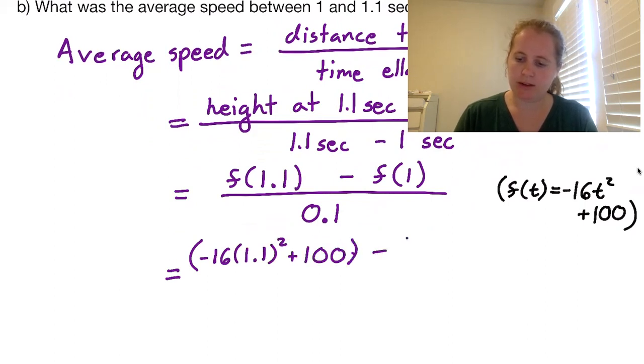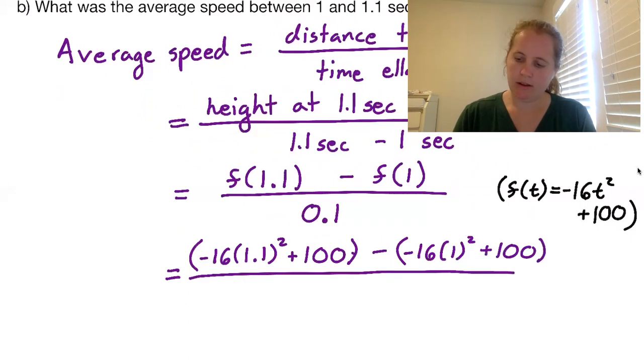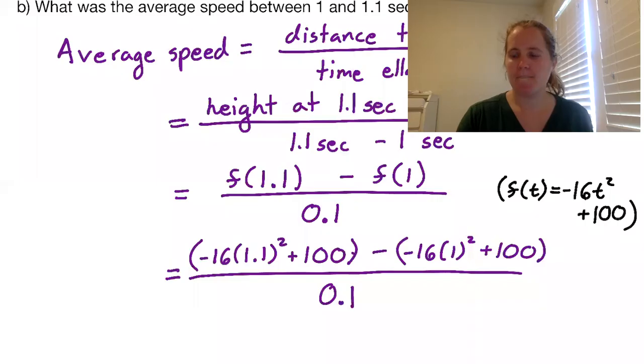And then we are subtracting off f of 1. So we have negative 16 times 1 squared plus 100, all divided by 0.1.